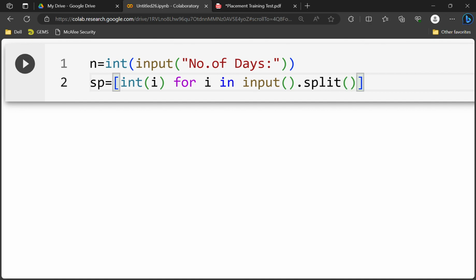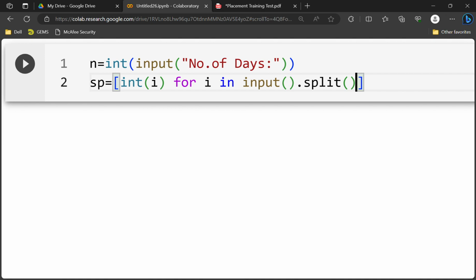So what does this input().split() do? Whatever input you have given in a single line separated by spaces will be considered, and by performing this split operation it will separate the elements, and for each element we are converting it to an integer, and that will be stored in the list SP.